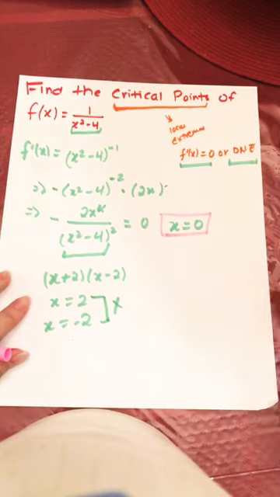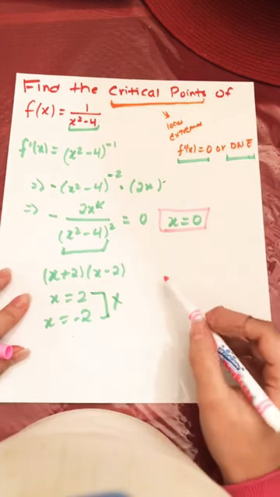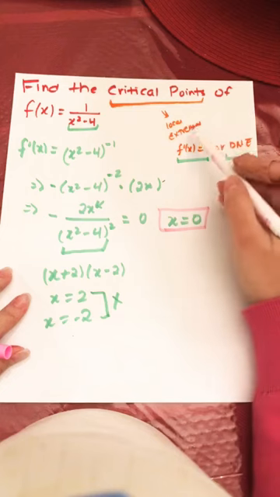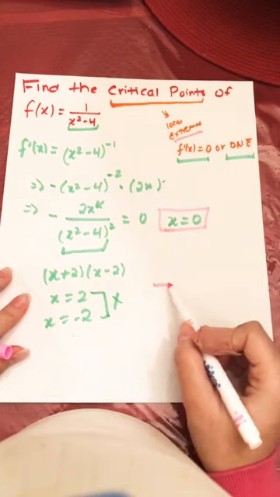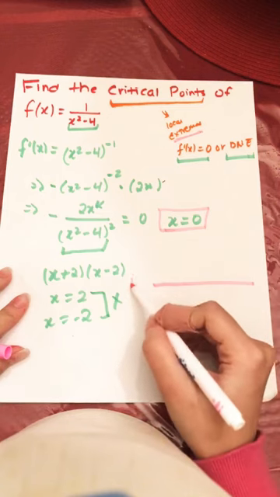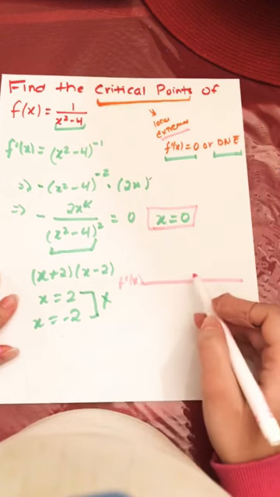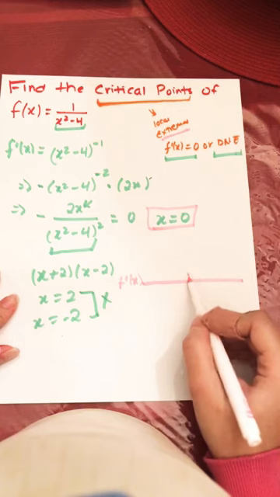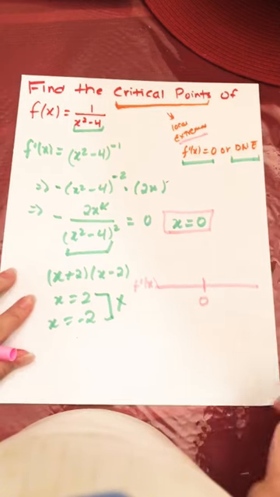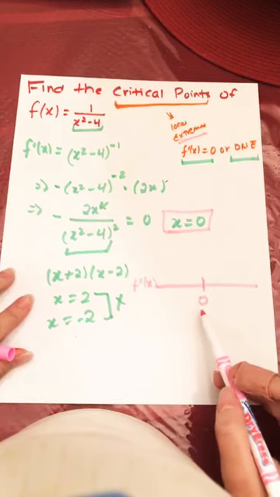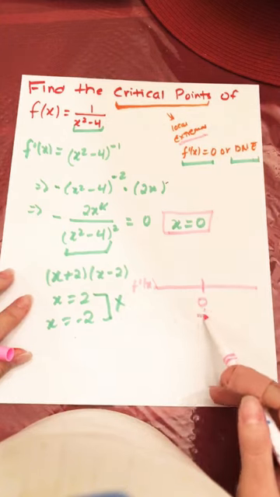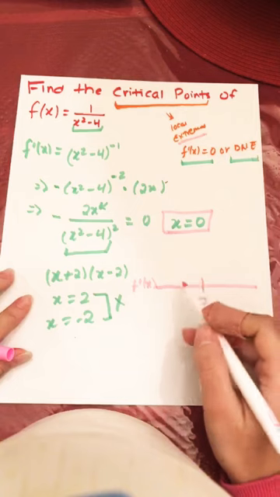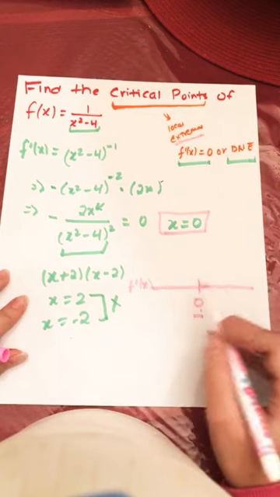Now, what we can do with this, just a little preview, is basically, as I said up here, it will help us find local extremas. So we would just create a sign chart of f prime of x. And for this function, our only critical point was 0. So we would plug in values to the left and to the right of 0 into f prime of x to see what signs they will have.